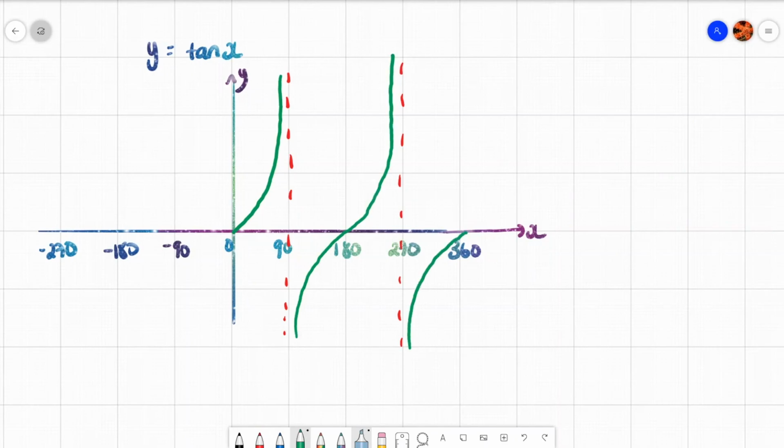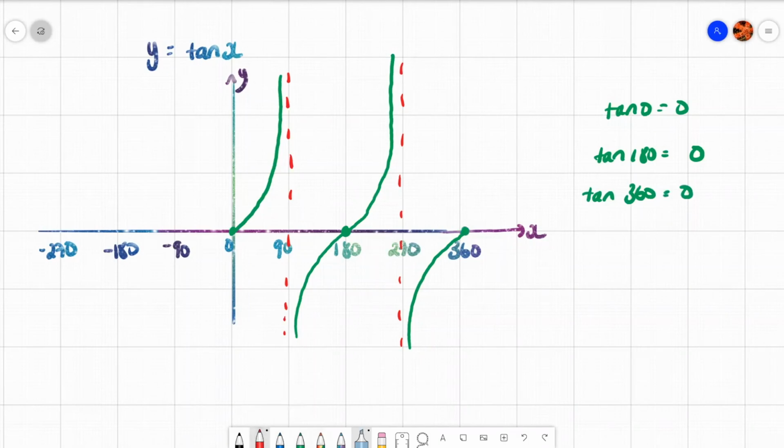Now, just for you to have a look at, if you type in tan 0 on your calculator, you get 0. If you type in tan 180 on your calculator, you get 0, and there you are. That's why the value is 0. And if I do tan 360 on my calculator, I also get 0, therefore that's why it's over there.